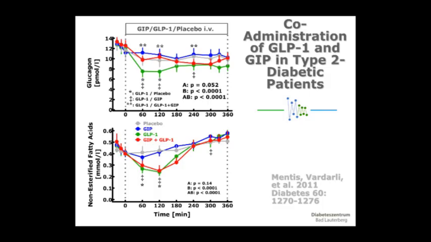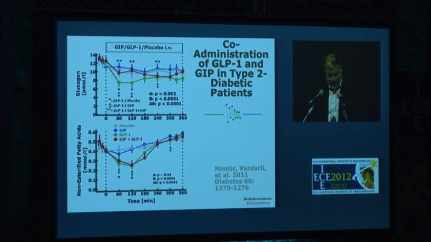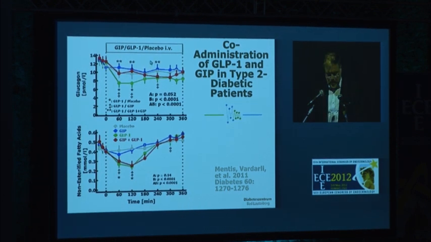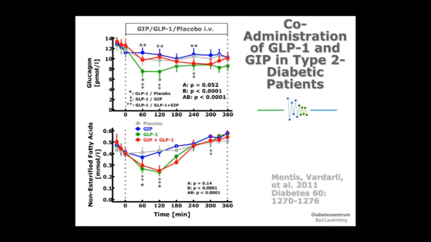It is interesting to look at glucagon in these experiments because GLP-1 is known to suppress glucagon, and that was reproduced here with the green lines. But when you co-infuse GIP, which itself gives the highest glucagon levels and probably is able to stimulate glucagon under certain conditions, then this suppression of glucagon is counteracted by the concomitant infusion of GIP.